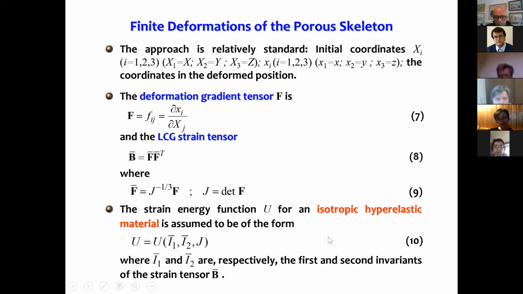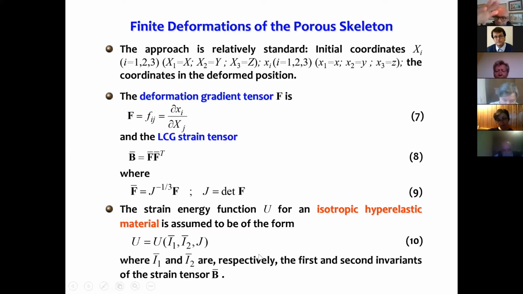The strain energy function: we are dealing with elastic skeletal material. So you need to have some sort of hyperelastic material behavior, and the hyperelastic material behavior is characterized by these invariants. So your strain energy function is dependent on the first invariant of the left Cauchy-Green strain tensor, the second invariant, and then the third invariant as well.